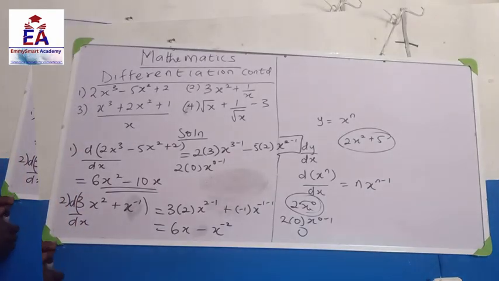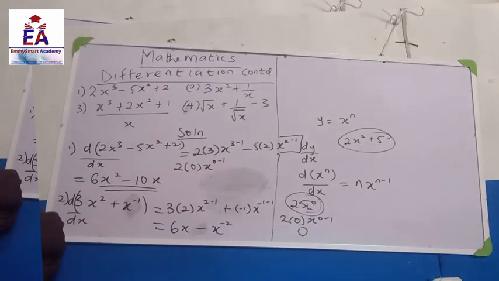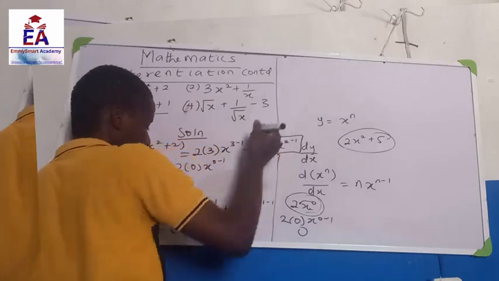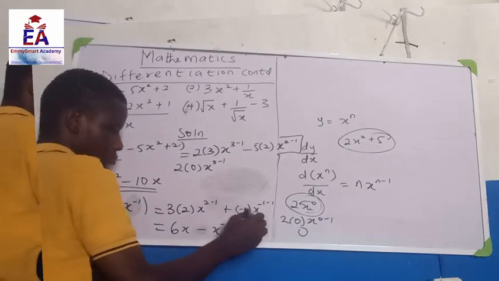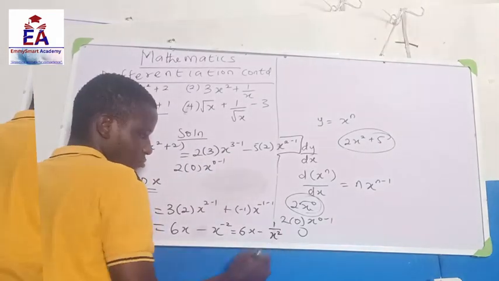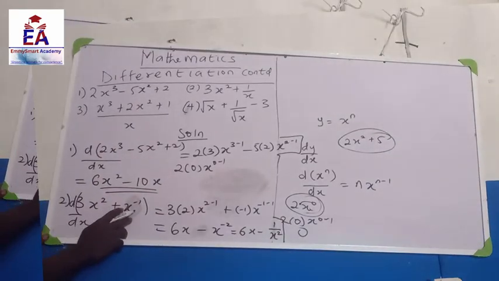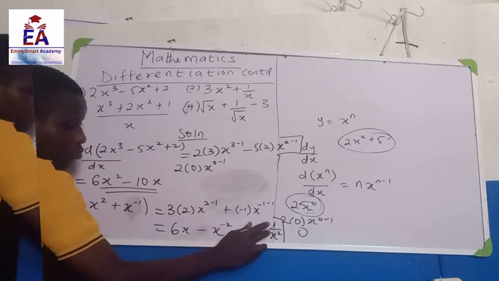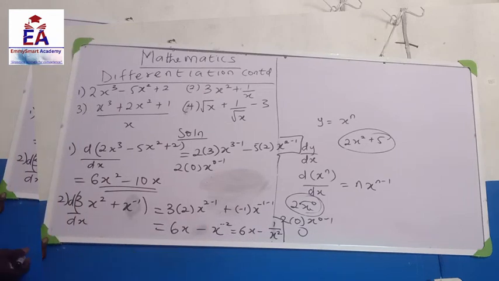So x to the power minus 1 minus 1 gives a total of minus 2. I can rewrite this as 6x plus 1 over x squared. x to the power minus 1 is 1 over x, and x to the power minus 2 is 1 over x squared. Just take this guy down to the denominator.